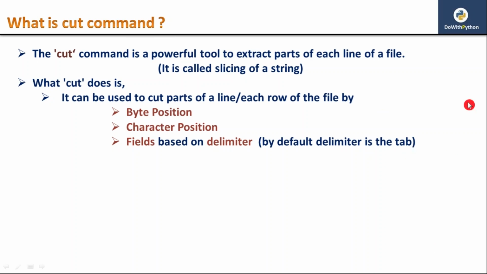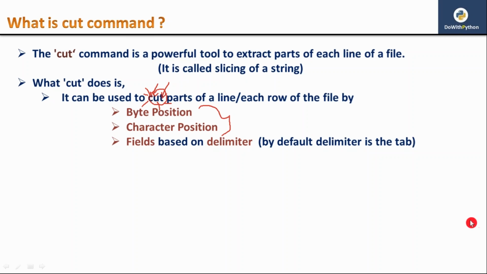Suppose we consider a word, observe, suppose "cut". C is the first byte position, U is the second byte position, T is the third byte position. And even if we consider character position, C is the first character, U is the second character, T is the third character. So by default they are the same.